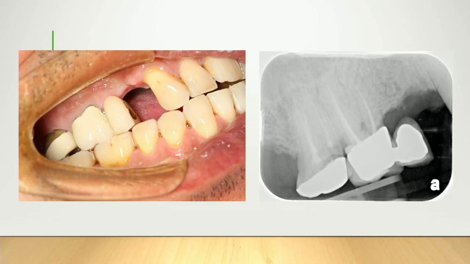So this is the kind of tooth which is completely within the scope of general dentistry and definitely a tricky one to remove. The reason being, A, it is root canal treated, as you can see. B, quite a big crown.